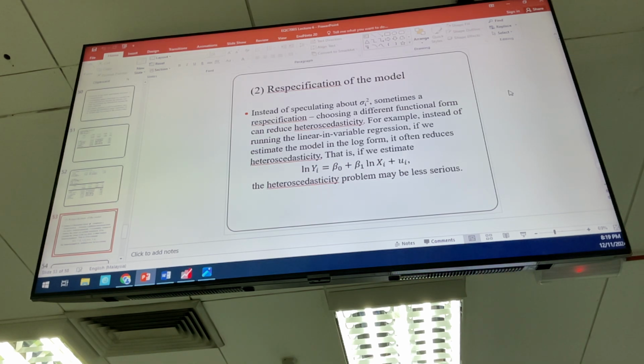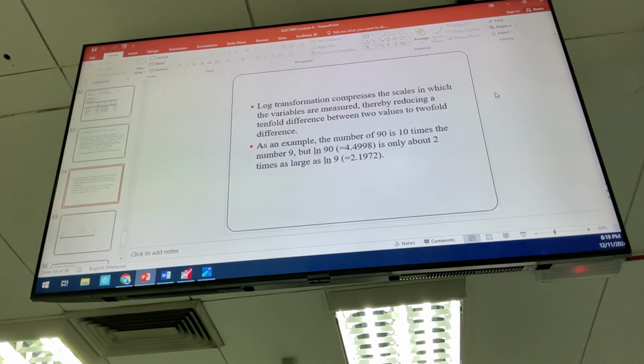For example, instead of running the linear regression, if we estimate the model in log form, it often reduces the heteroscedasticity problem. That is, if we estimate the log of the dependent variable against the log of the independent variables, the heteroscedasticity problem may be less serious, or maybe we are able to totally overcome the problem.